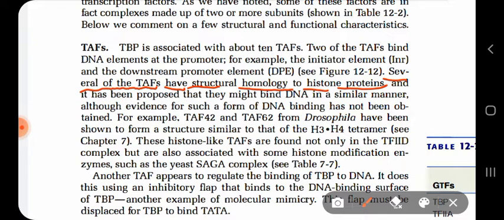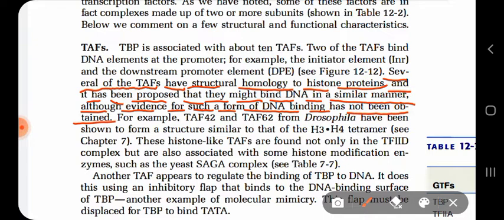So the structure of these TATA box binding protein associated factors is similar to the histone proteins, and it has been proposed that they might bind DNA in a similar manner, although evidence for such a form of DNA binding has not been obtained.